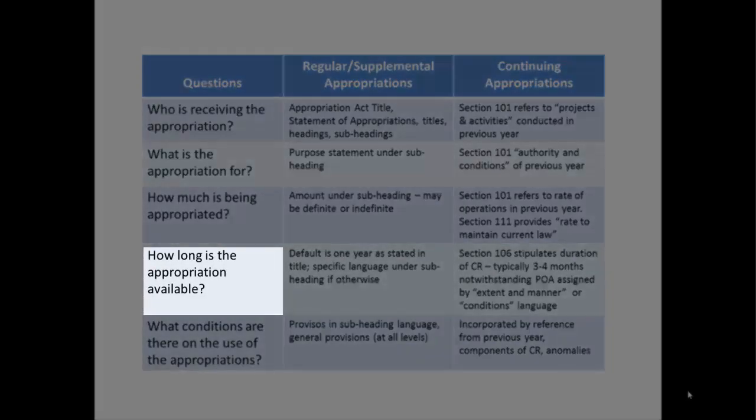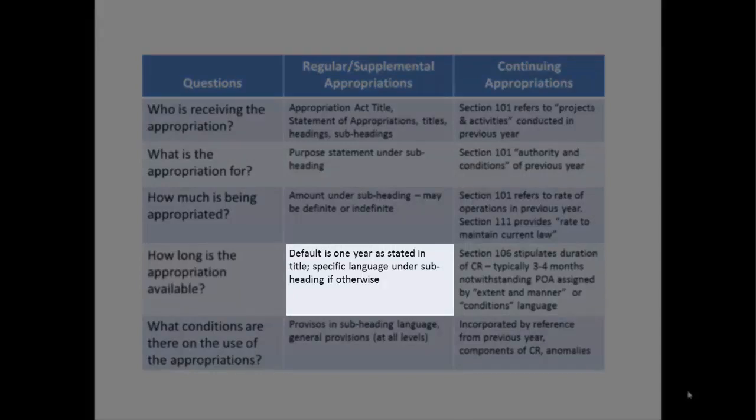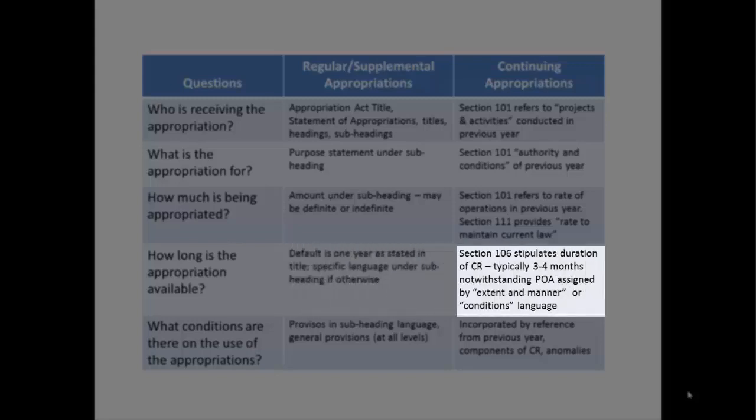Question 4. How long is the appropriation available? In regular and supplemental appropriations, the default availability is 1 year, as stated in the Appropriation Act title. If Congress wants a longer period of availability, it must be expressly stated. In a CR, it's a bit more complicated. First, we need to consider the duration of the CR in Section 106.